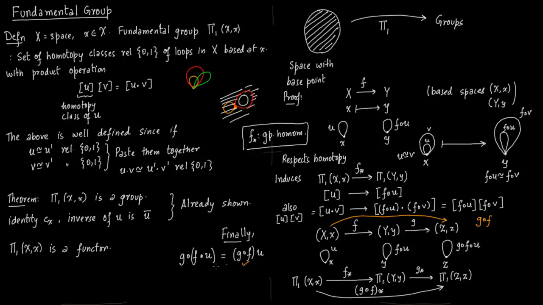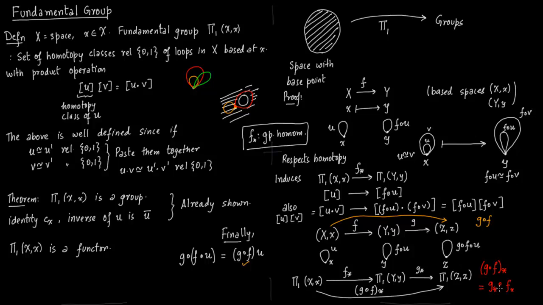And this will immediately imply that the second part, the one which I've written in yellow, will give you the map (g∘f) star, and this is equal to the first map. You first apply f star and then you apply g star, which is equal to g of f of U.